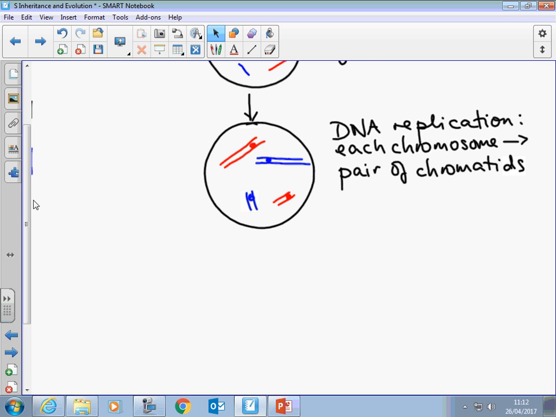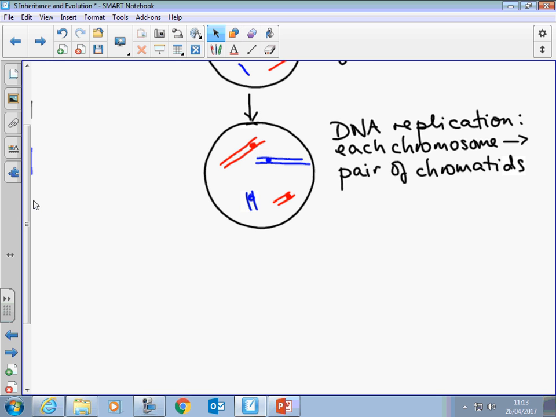Now this is a process called crossing over, and there are several slides on the PowerPoint to explain this, and crossing over is a really, really important thing. It means that bits of the red long chromosome and the blue long chromosome exchange. Not whole chromosomes, but bits, so that you end up with a completely different set. You could end up with one that's half red, half blue, and one that's half blue, half red.